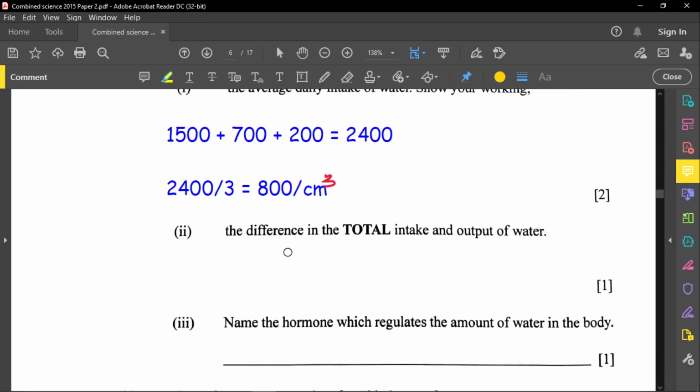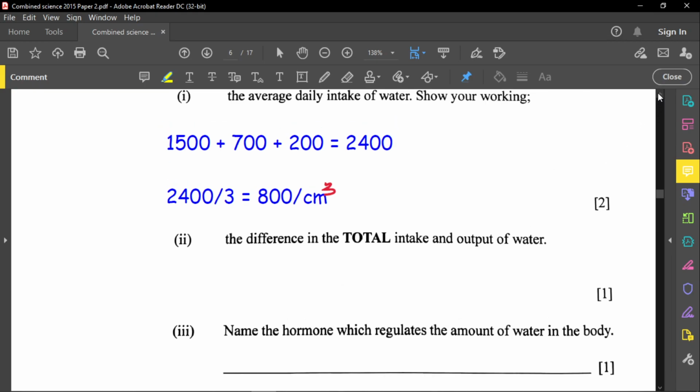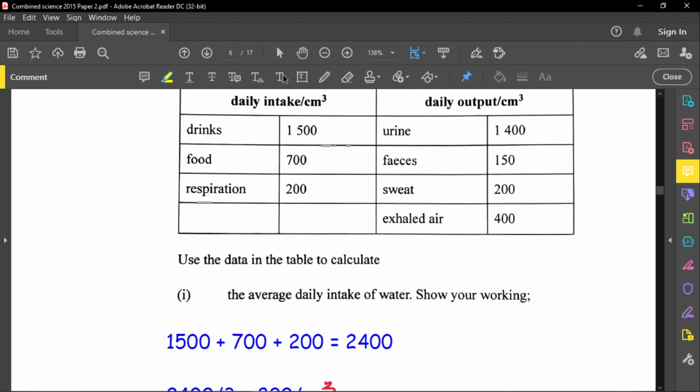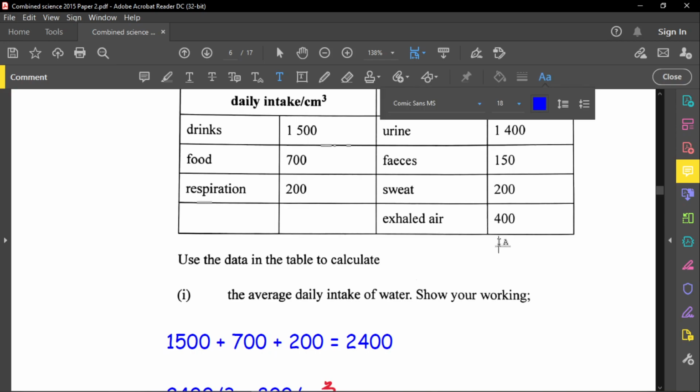Now it asks us to calculate the difference between total intake and output of water. We already have our total intake, so let's look at our total output. If we add 1,400 plus 150 plus 200 plus 400, we get 2,150.